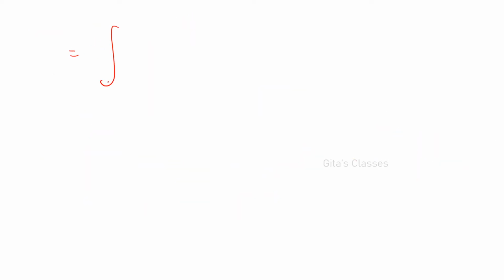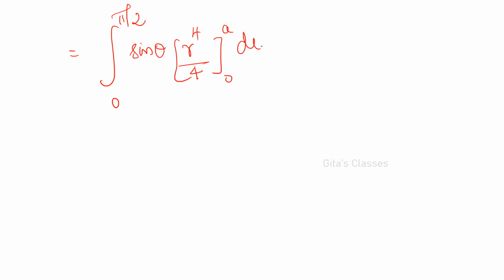Sin theta is independent of r, so integrating r cubed gives r power 4, from 0 to a, into d theta. Substituting, r power 4 becomes a power 4. Since a is a constant, a power 4 can be taken outside, and we have integral 0 to pi by 2 of sin theta d theta.